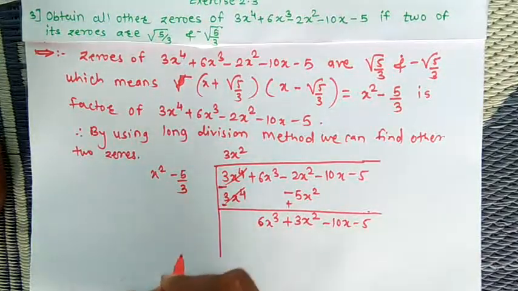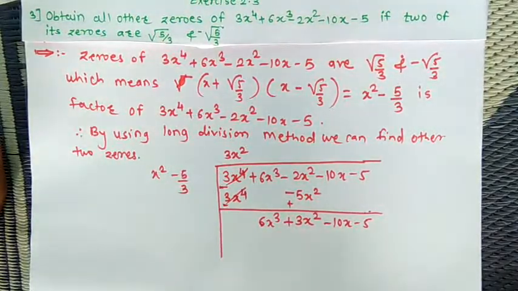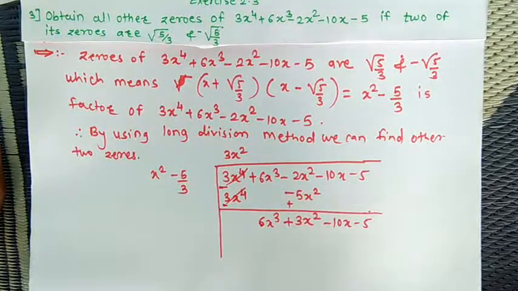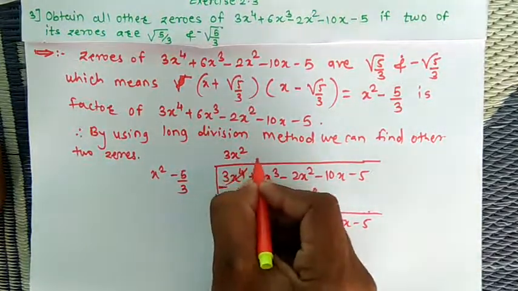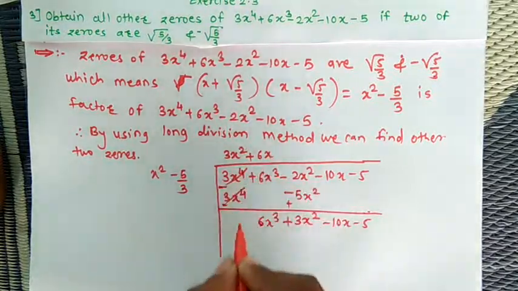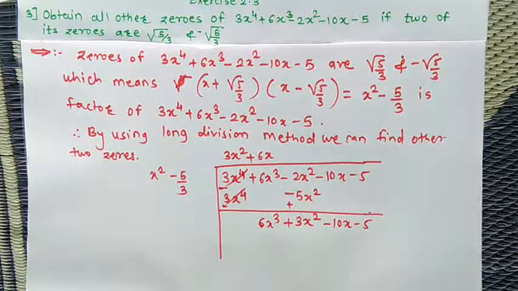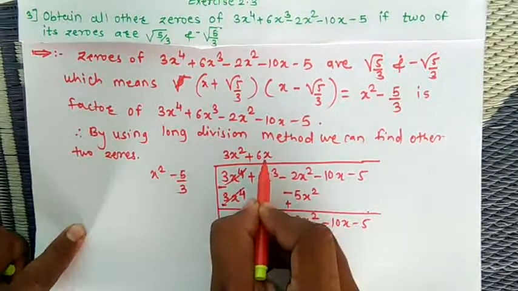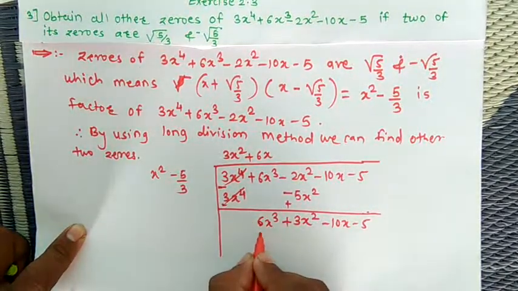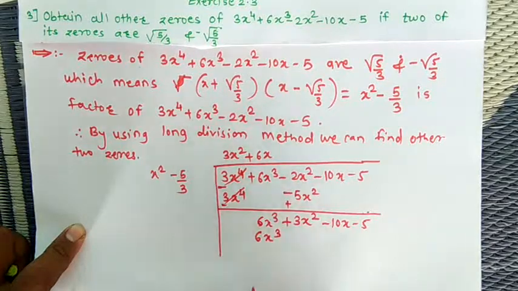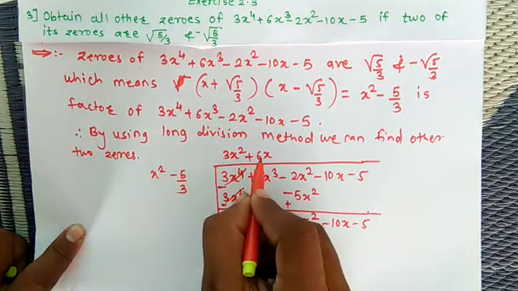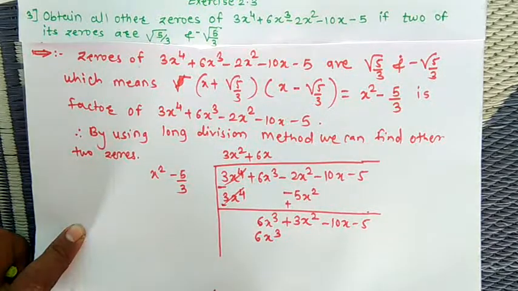Now tell me, what is the second term of the quotient? The second term of the quotient will become plus 6x. Now we have to multiply 6x with the divisor. X square into 6x is equal to 6x cube. Then minus 5 by 3 into 6x, how much?